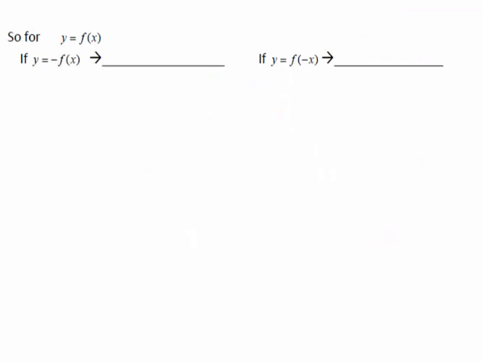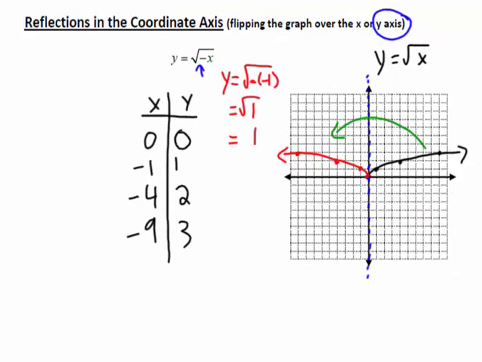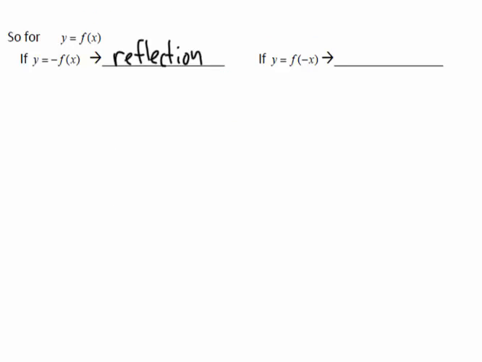So we can now extend this to any function. If we have a negative outside the function, like in the first step here, we know the negative is going to cause a reflection. And the negative outside the function, if we look back to the example we did, was a flipping or a reflection across the x-axis, a reflection across our x-axis, and we can generalize that for any function.